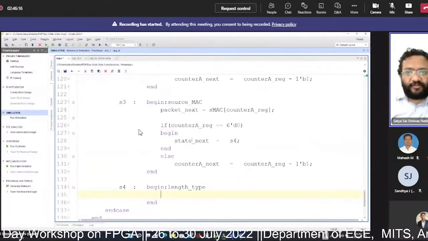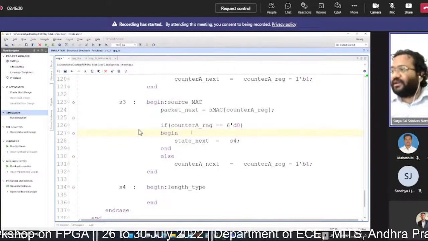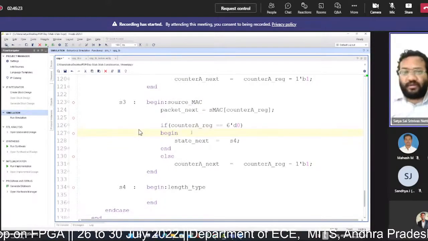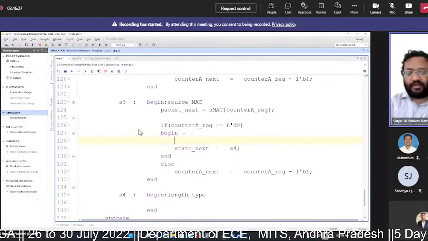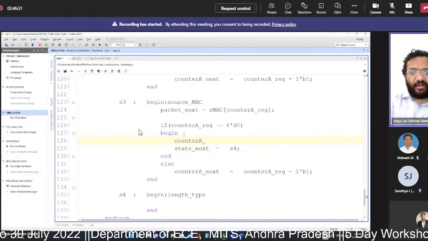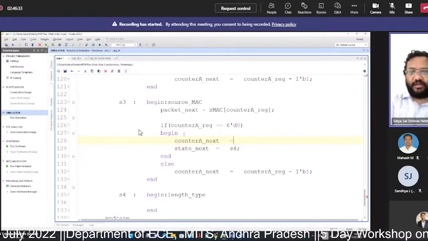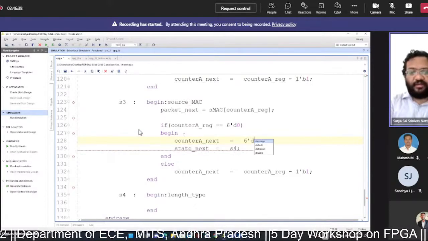So in the S3 state, after the source MAC data has been sent out, before switching to the S4 state, I'm making my counter A a 6-bit decimal 15.